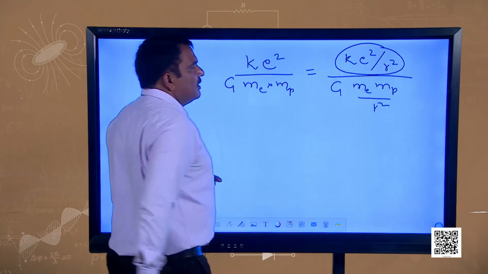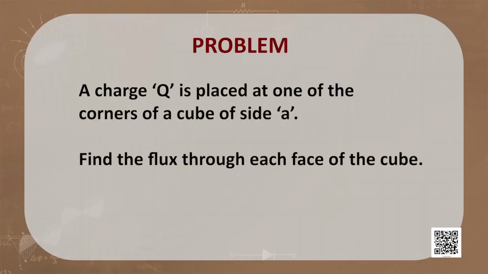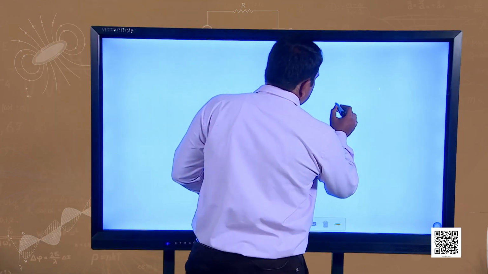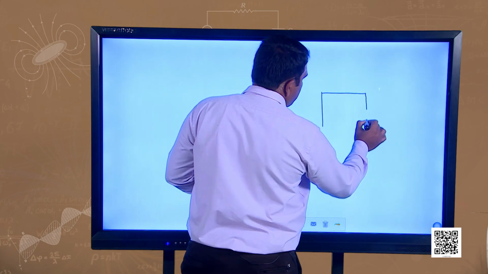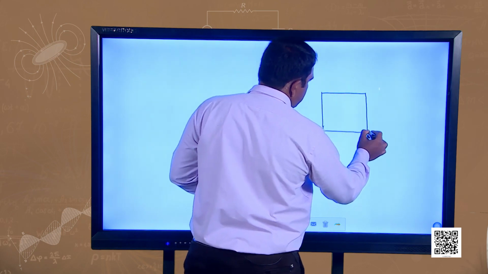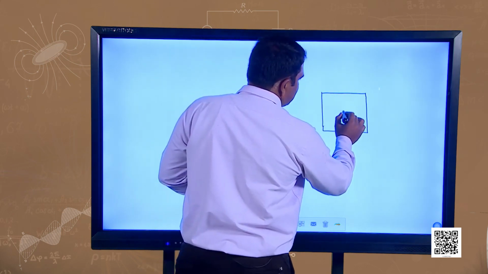this is the formula of a charge q is placed at one of the corners of a cube of side small a. Find the flux through each face of the cube. So, in this problem you are given a cube like this.